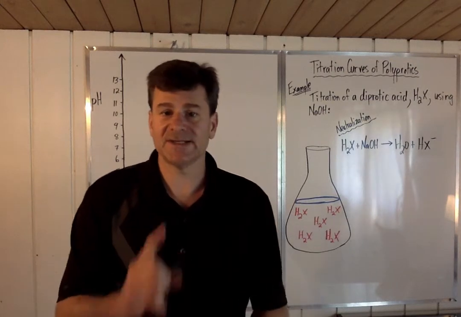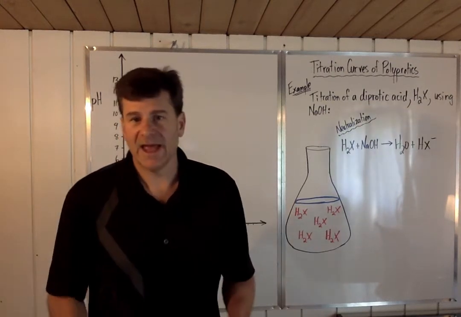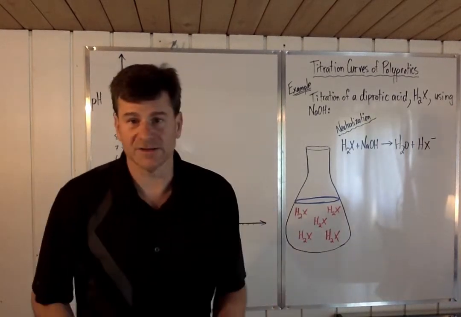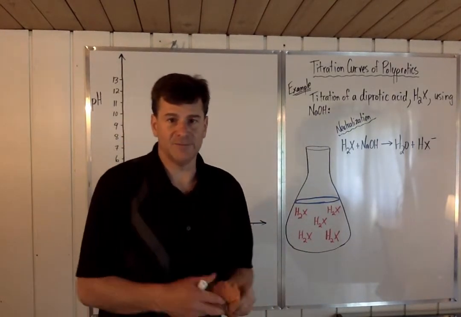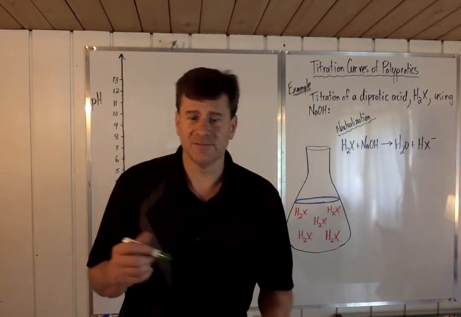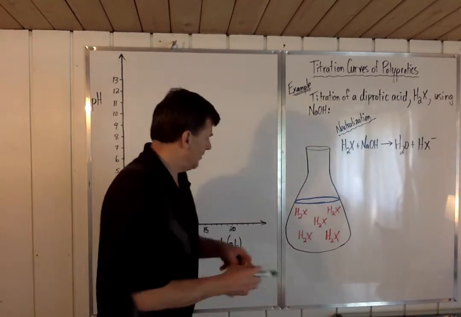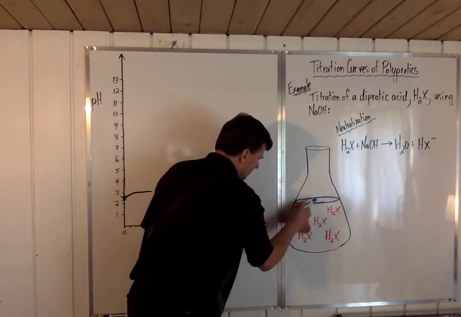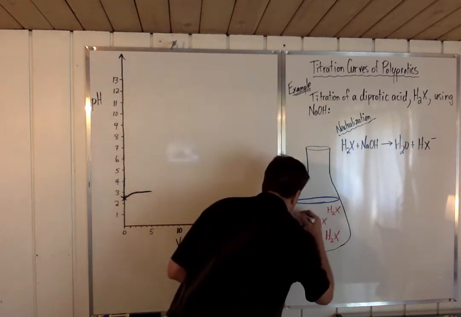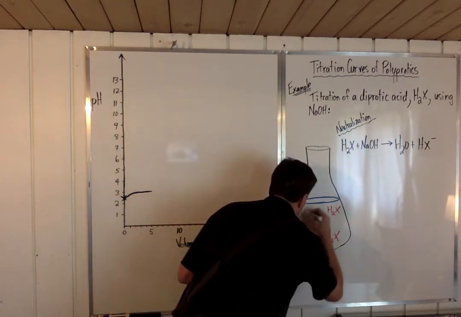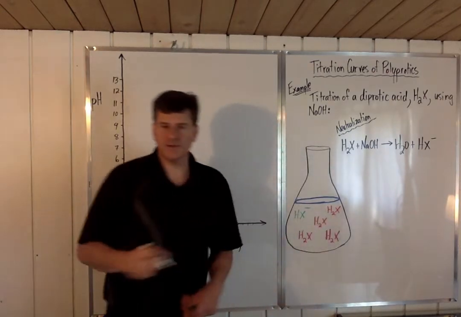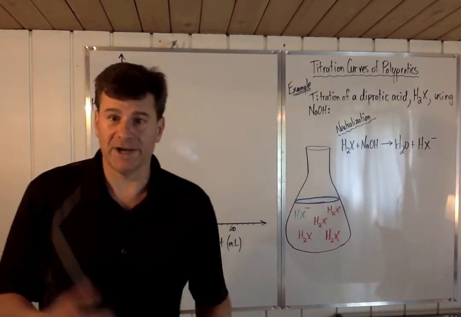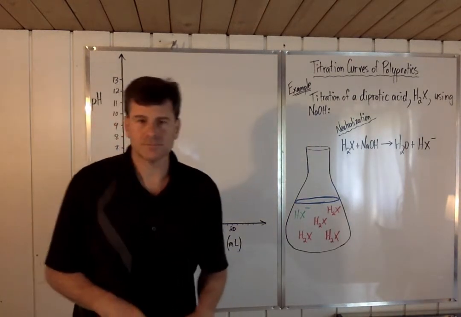So I drop in a single NaOH, and it changes, okay, and so I'm going to use different colors, and I apologize if you happen to be red-green colorblind. H2X, it'll take one of these and change it into HX minus. So now there's 4 H2X's and there's 1 HX minus floating around.